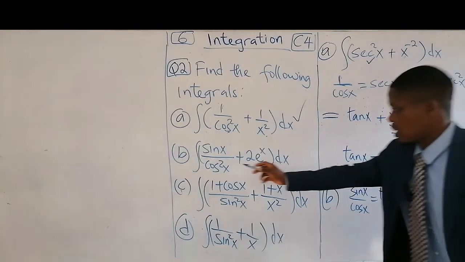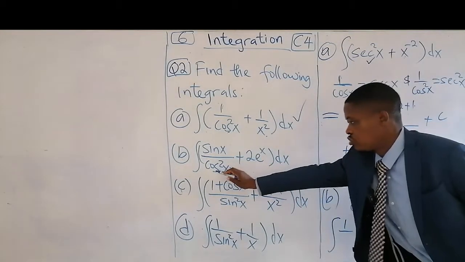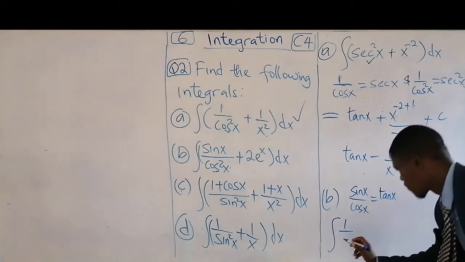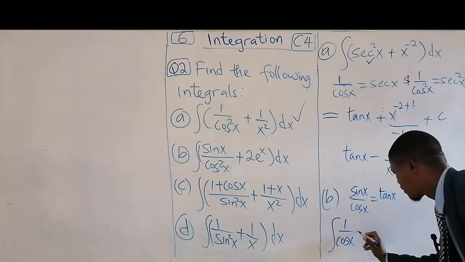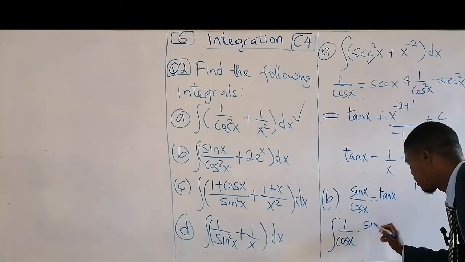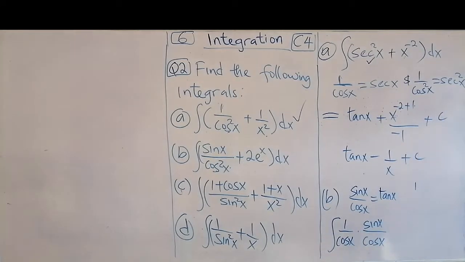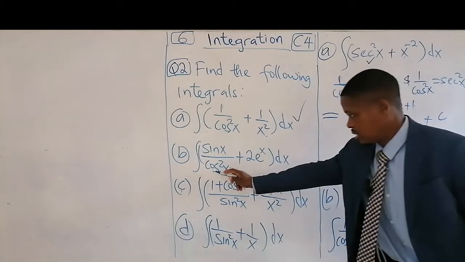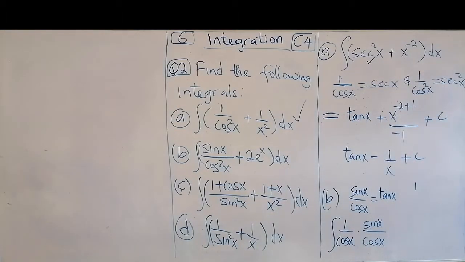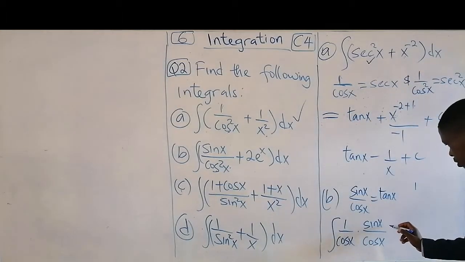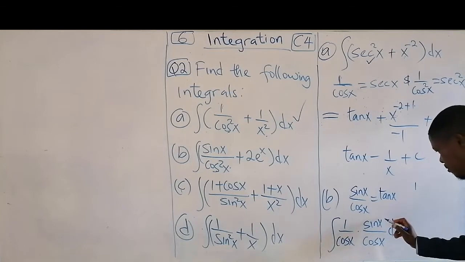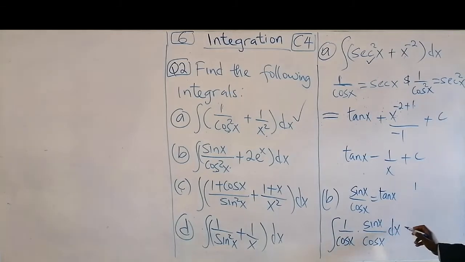In this case, we're going to split this into two parts: 1 over cos times sin x over cos x. So we have split the cos square x into two parts. Then you can put your dx there. Then the second function, the integral of, the 2 can come outside, dx.